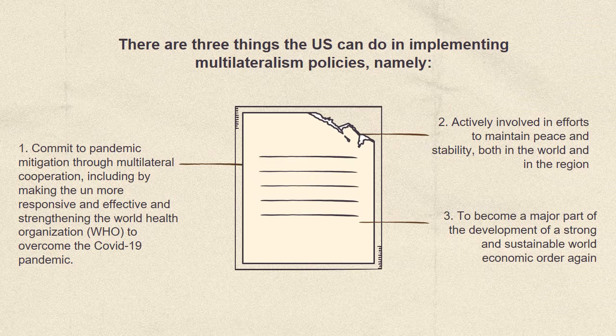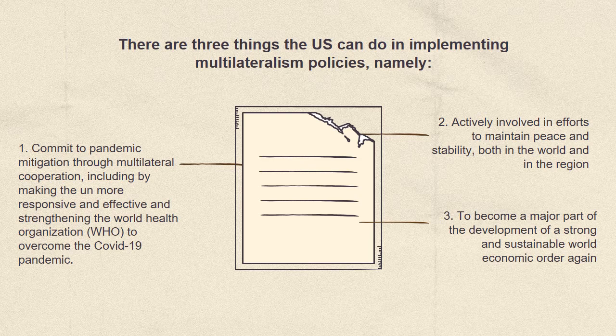And then there are three things the US can do in implementing multilateralism policies, namely, one, commit to pandemic mitigation through multilateral cooperation, including by making the UN more responsive and effective and strengthening the World Health Organization to overcome the COVID-19 pandemic.